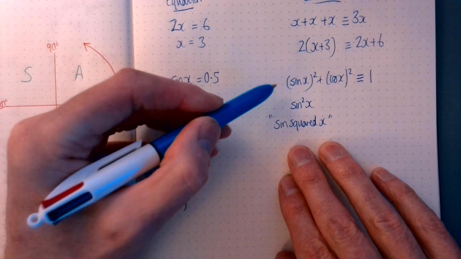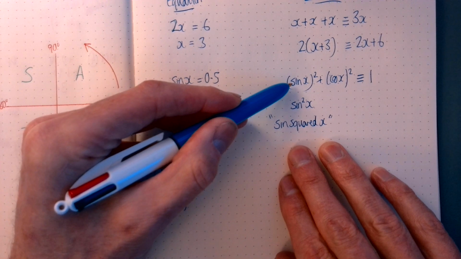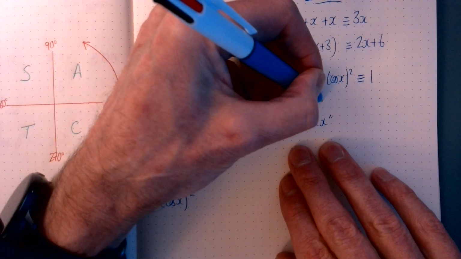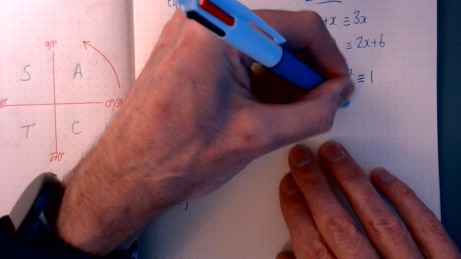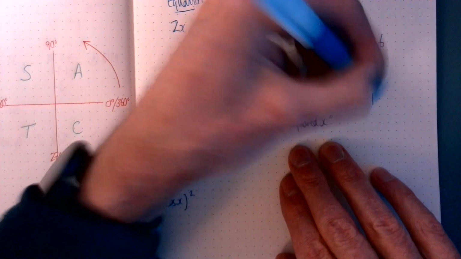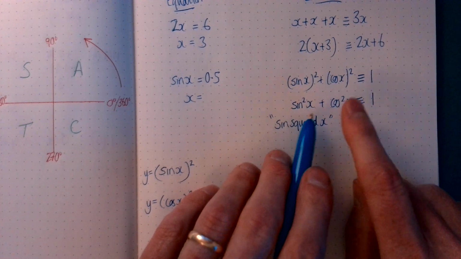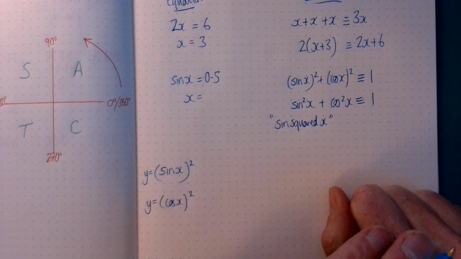So this is just the correct way of writing this. It's still this, though. It is the sine of an angle squared. And then similarly, we have this, which we say as cos squared x. So this is our first trig identity. Sine squared x plus cos squared x equals 1. And what this gives us is a relationship between sine and cos, which we're going to use in a moment.